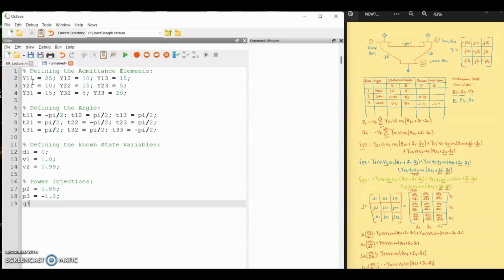Q3 is equal to negative 0.7. Next we will define the initial values of unknown variables.